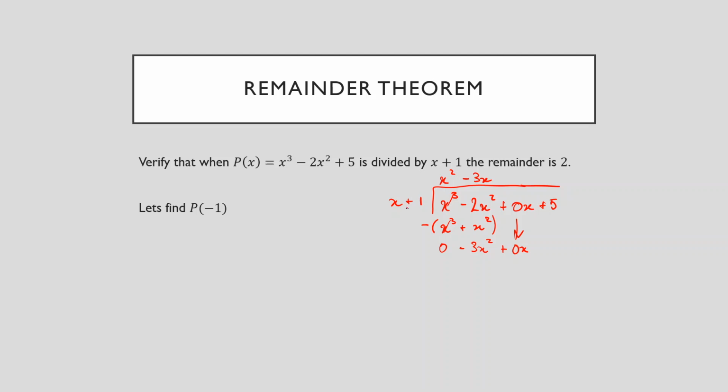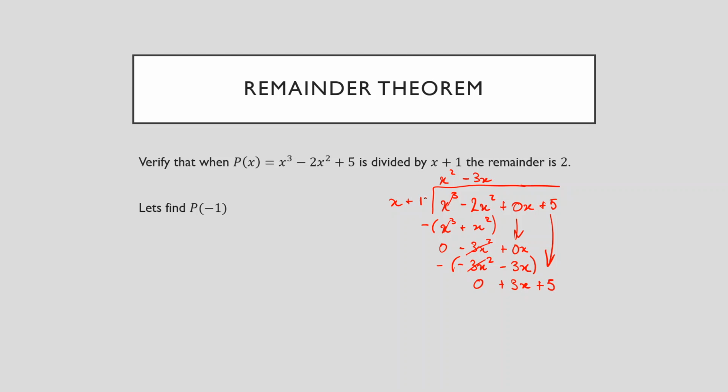Negative 3x times x is negative 3x squared, and negative 3x times 1 is minus 3x. Subtract these terms. Negative 3x squared minus negative 3x squared becomes 0 as always. 0x minus negative 3x is positive 3x. Bring the 5 down.